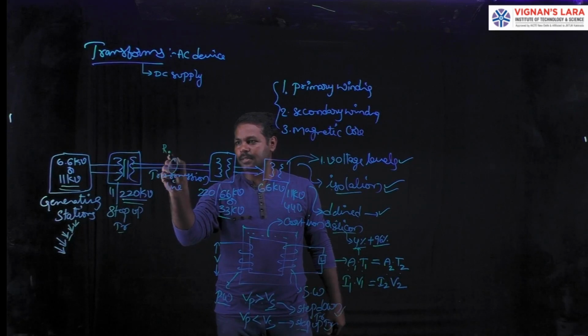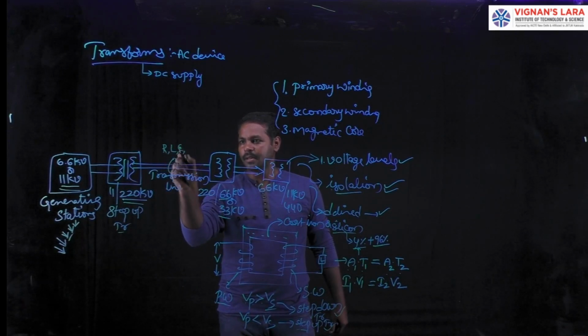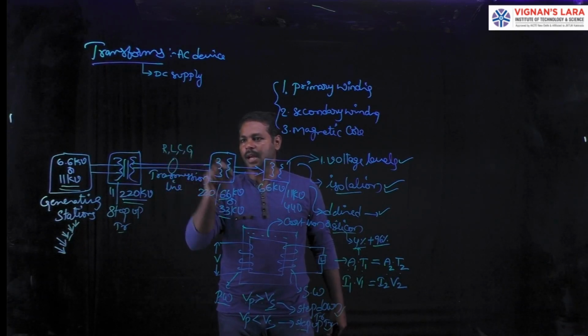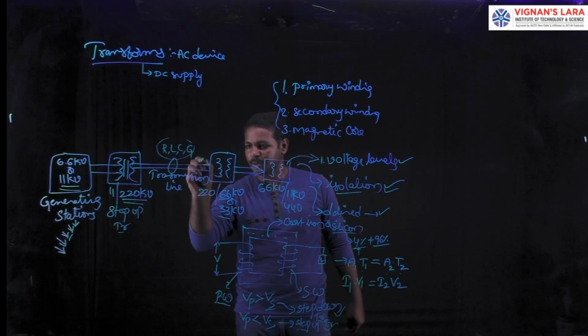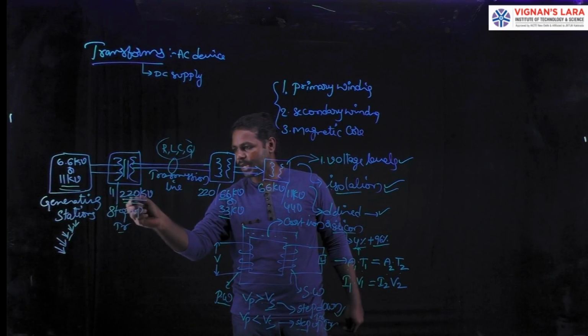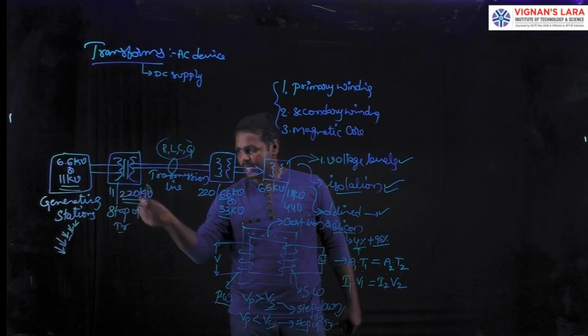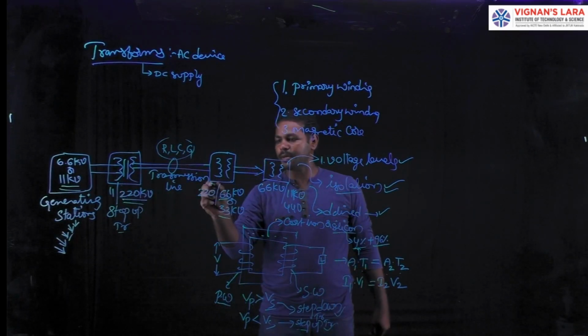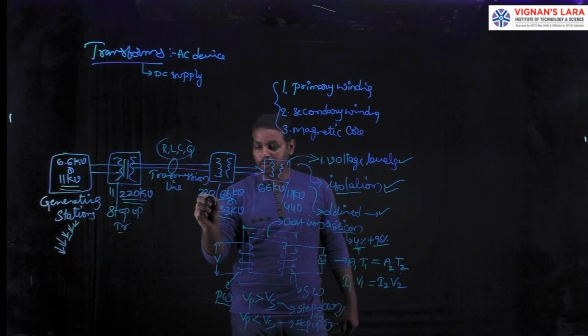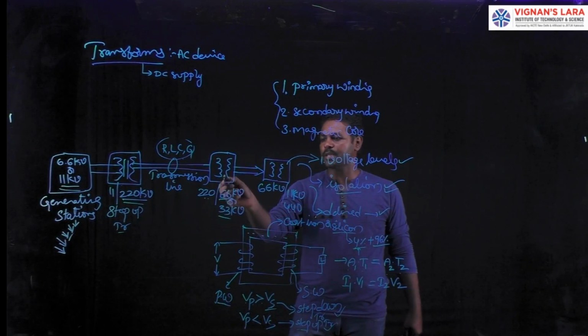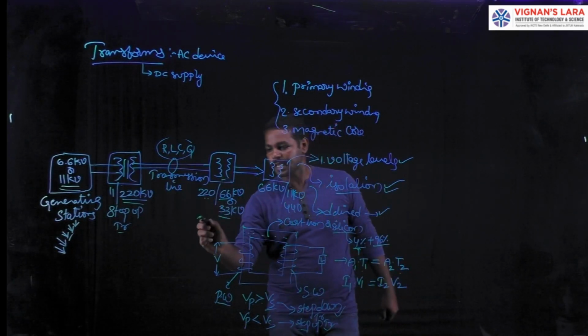These are resistance, inductance, capacitance and conductance. Based on these losses, the receiving end voltage is reduced. Whenever the voltage starts from the generating station, the receiving end voltage is reduced because of these losses. That voltage is also stabilized using a transformer, a step down transformer.